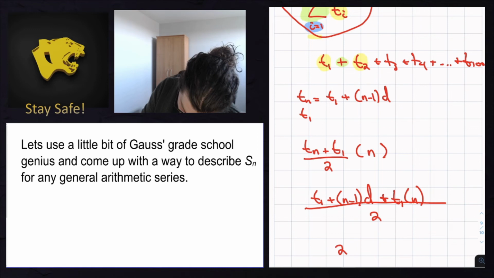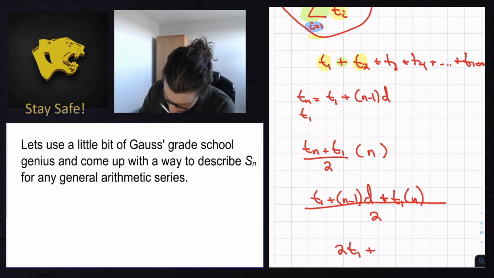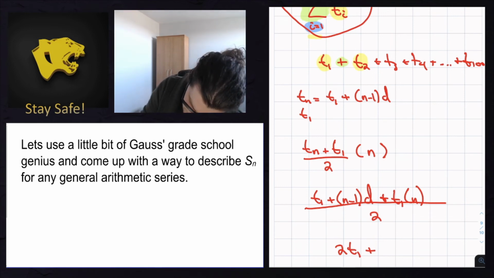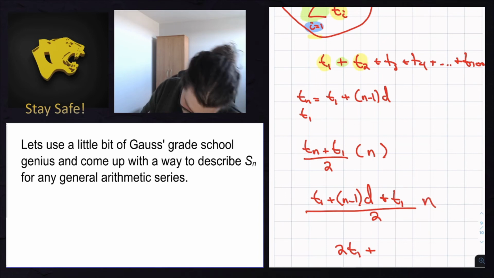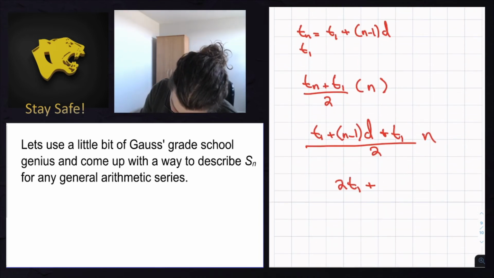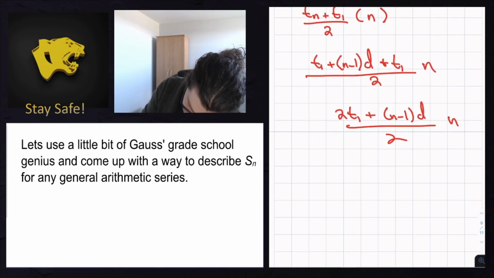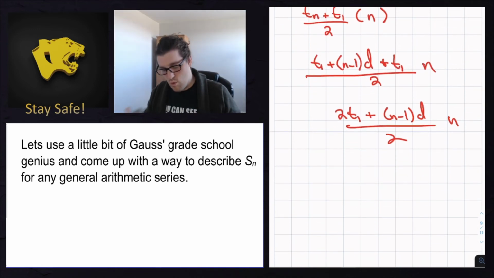So I get 2 T1 plus, and that n was in a bad spot. I kept looking back at that, so I'm going to erase that and put it on the outside where it should be. I needed a bracket there, which I hadn't put, so that's my fault. So it's 2 T1 plus n minus 1 d, and then times n over 2. This is one way to write that.